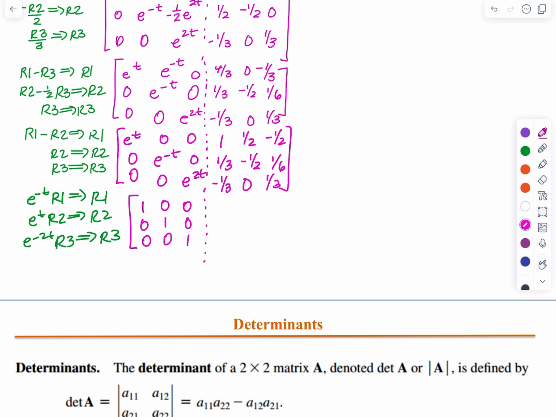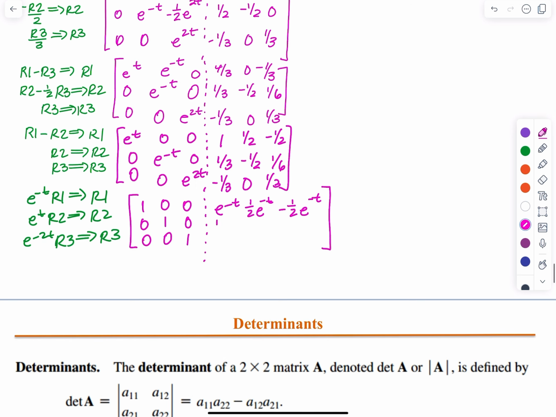And on our right, we have e to the negative t, and this is 1/2 e to the negative t, and we have negative 1/2 e to the negative t. And then for our second row, we have 1/3 e to the t, negative 1/2 e to the t.